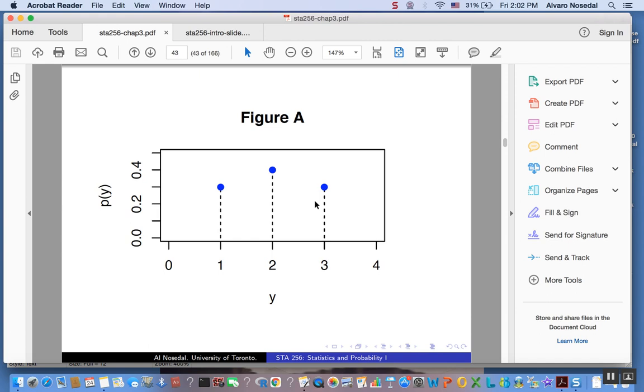Okay, so as we said, from these graphs it is clear that the random variable y, the number of cars used for business purposes on a work day, has more variability in the case of the second company, company B. Okay?